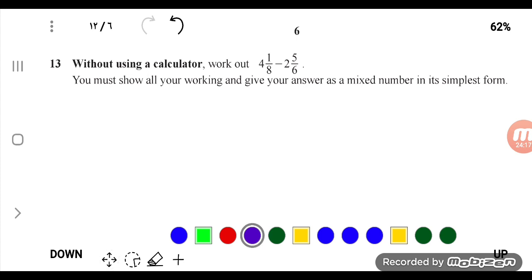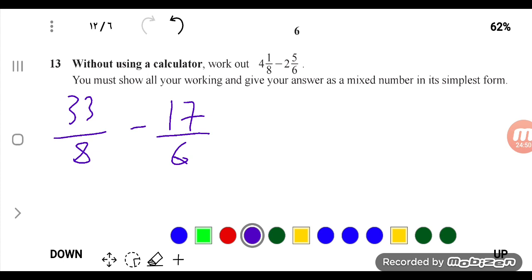So here you have 4 and 1/8. 4 times 8, 32 plus 1, 33/8, minus 2 times 6, 12, 12 plus 5, 17/6. Okay, so here you have 33/8 minus 17/6.